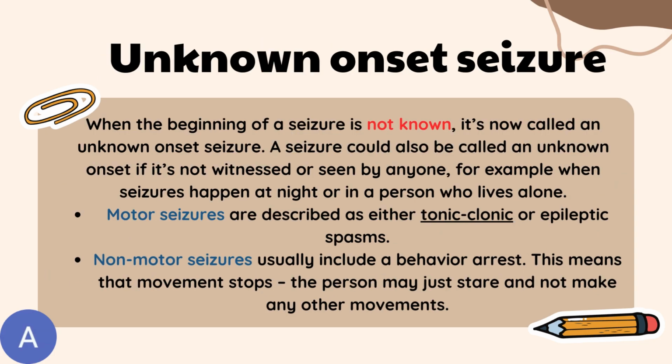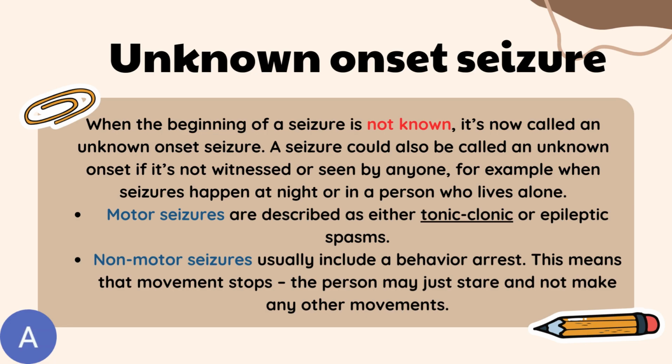An unknown onset seizure is usually when the beginning of the seizure is not known, thus it is called unknown onset seizure. A seizure could also be called an unknown onset if it is not witnessed or seen by anyone, for example, when seizures happen at night or in a person who lives alone.